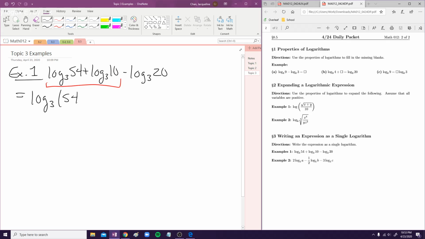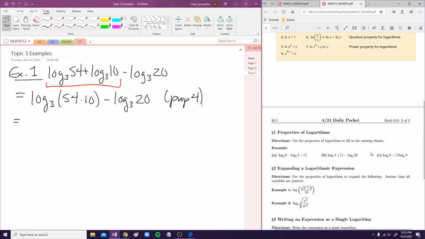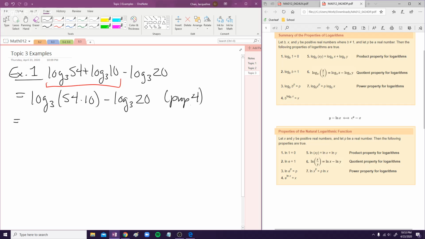So this becomes 54 times 10. You can multiply these right away if you'd like, but I'm going to wait to see if anything simplifies nicely first. This was property 4, 5.